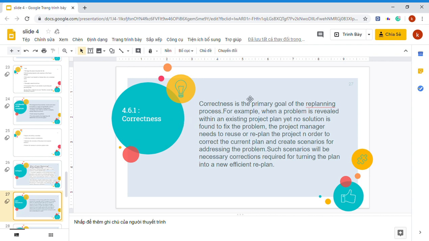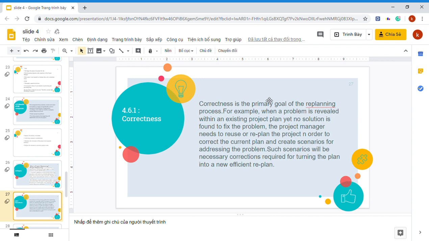Correctness is the primary goal of the replanning process. For example, when a problem is discovered within an existing project plan, yet no solution is found to fix the problem, the project manager needs to replan the project in order to correct the current plan and fix the problem.